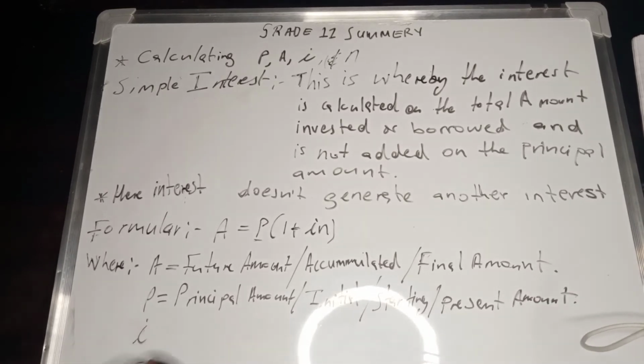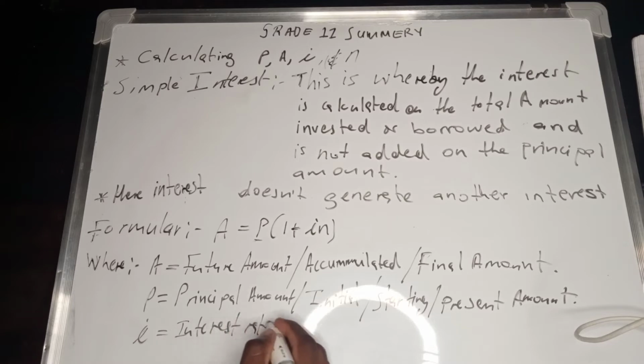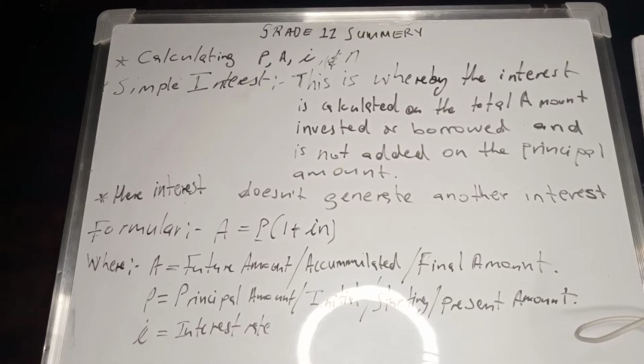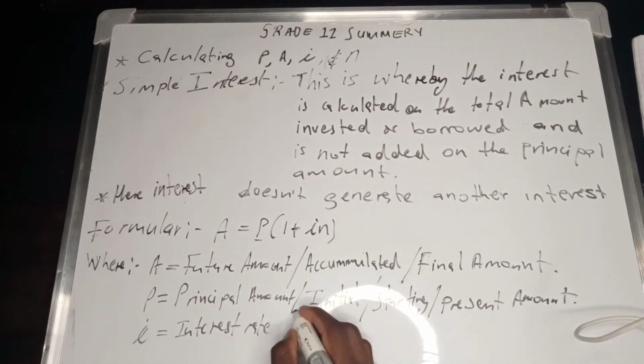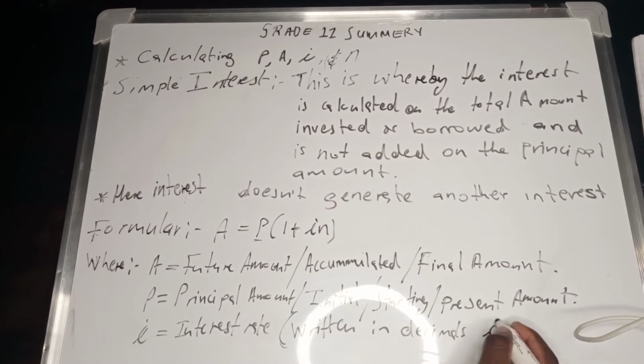where I is the interest rate written in decimals. So I divide by 100.